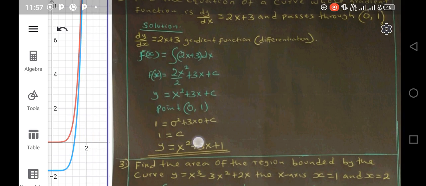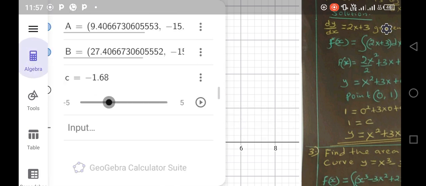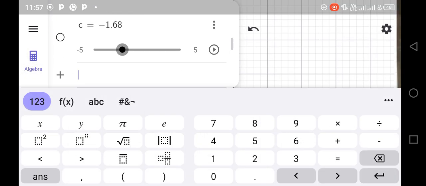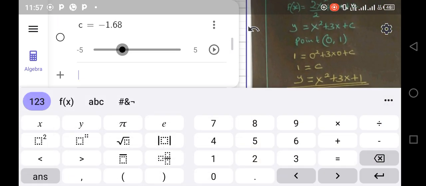Let's come to our graph and plot it. So let's bring that function nearer. The function is y is equal to x squared plus 3x plus 1.